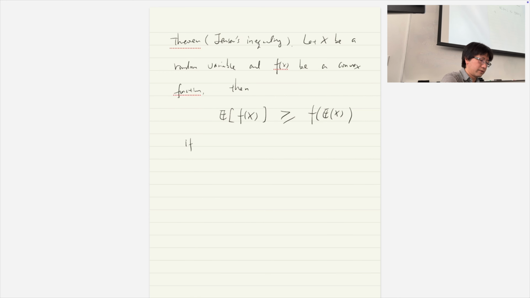So let's say if f(x) is strictly convex, okay, which basically means that there's only one point that is the minimum, strictly convex, then the equality holds if, and equality basically means this, right? So x has only like a one-point distribution.